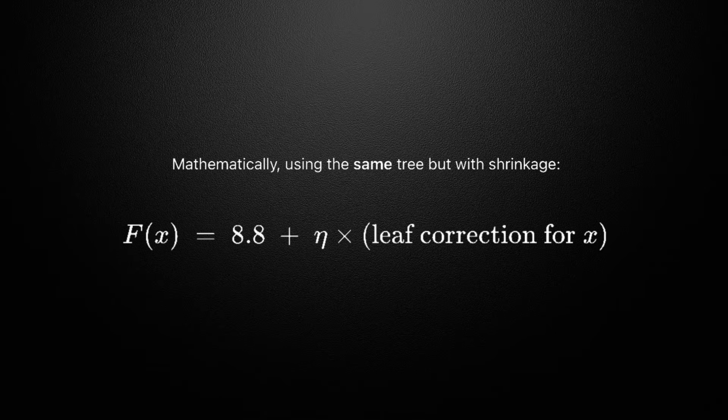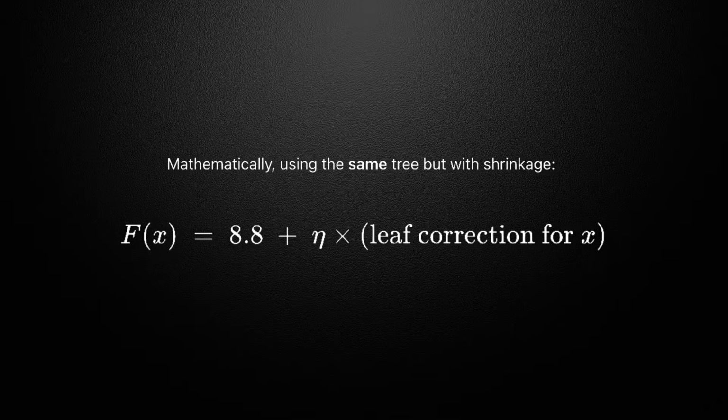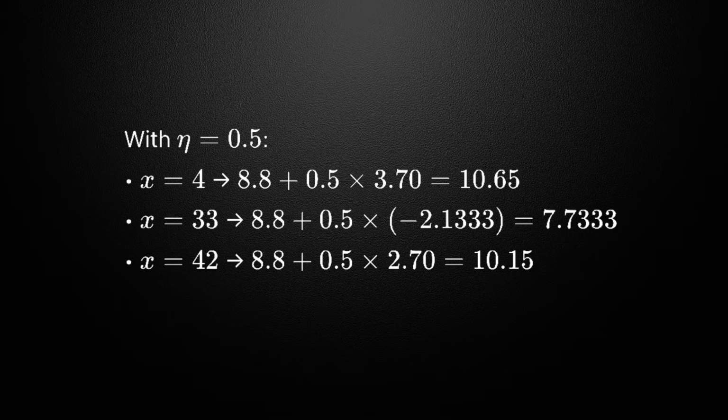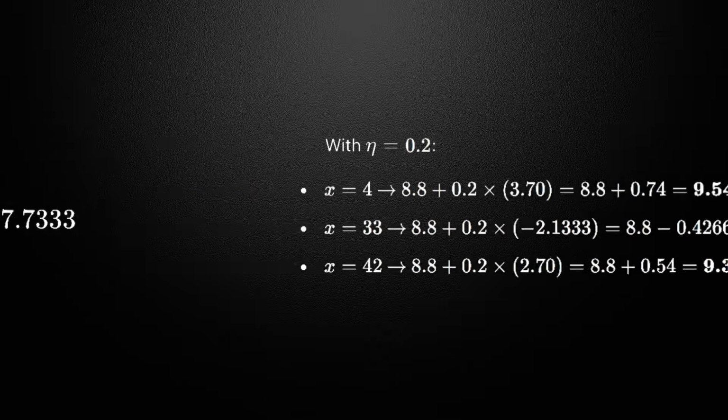Note that we are essentially shrinking the contribution of every tree in correcting the prediction value. Depending on what the value of eta is, you may get slightly different values. And you see examples of what happens when eta is equal to 0.5 or equal to 0.2.